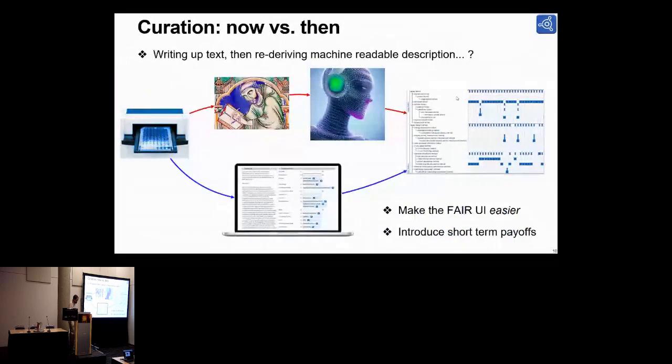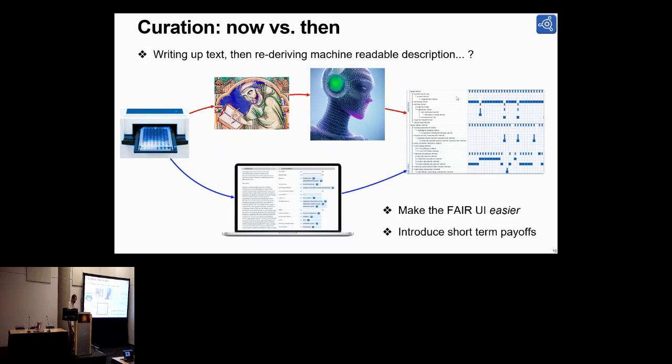All right, so now I want to come back to a bit more of the big picture. The system for creating content is fairly dysfunctional. We tend to start on the left here and go through the top pathway. At the very beginning, we have a scientist who knows as much as will ever be known about how the experiment was constructed and what observations were made and the results that come out of the instruments.